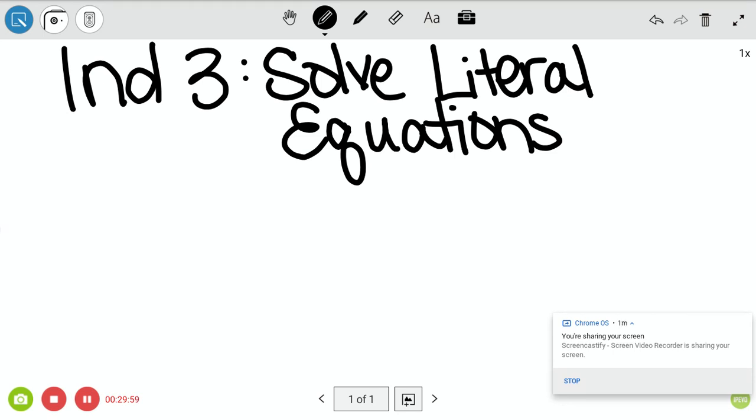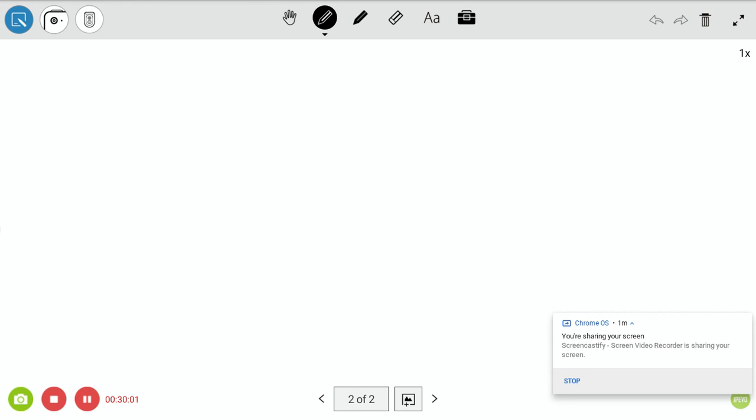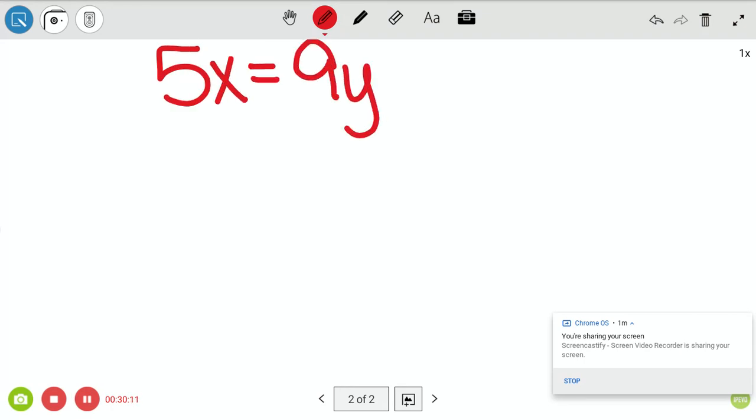The first example we're going to do looks like this. We have 5x equals 9y plus 10. We're solving for y.